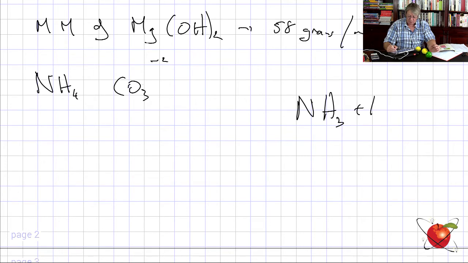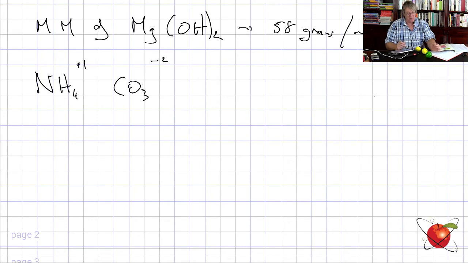And what did we do? We added 1 proton. We added another H on there, plus an H, which is positive. So it was a +1, right? We added a proton on, so it became +1. Now we've got this NH4 combining with a CO3, carbonate, which means I've got a +1 and a -2.